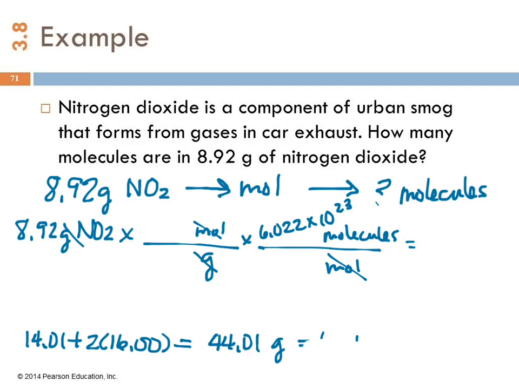That's true. Or you can write this as grams per mole. Same thing. The molar mass is an awesome conversion unit that we use all the time in chemistry. 1 mole is 44.01 grams, not the other way around.